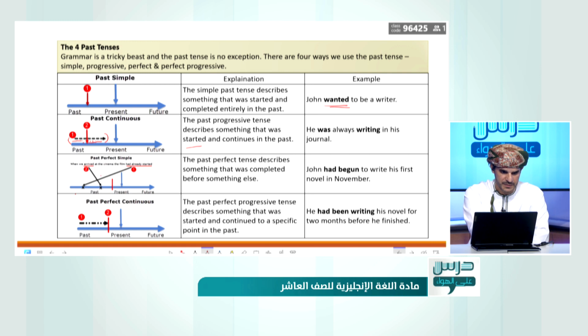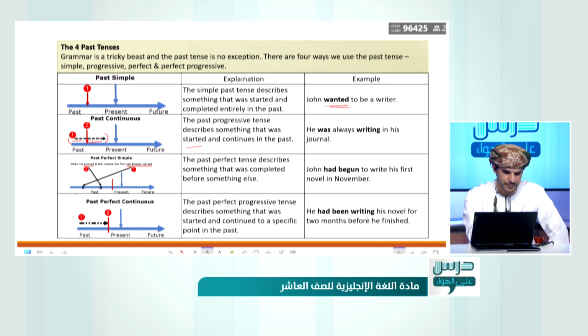And here, past perfect. This is a tricky one, just easy but tricky. Look here. The past perfect tense describes something that was completed before something else. So we have two actions, one completed before the second action. So look at this sentence.